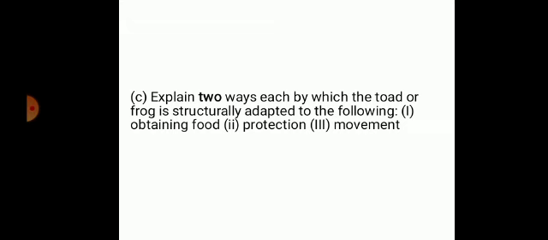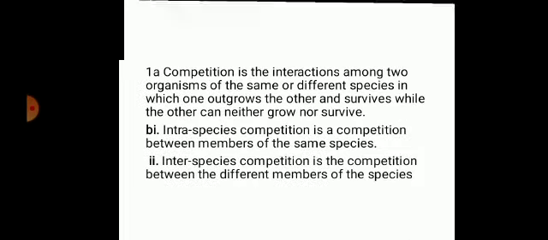Because remember, adaptation is defined as the ability of an organism to live successfully in a particular habitat. When this frog lives in a terrestrial habitat, will it be able to survive? Can it survive in an arboreal habitat? No, because it's not structured that way. Now, let us look at the answers to these questions.